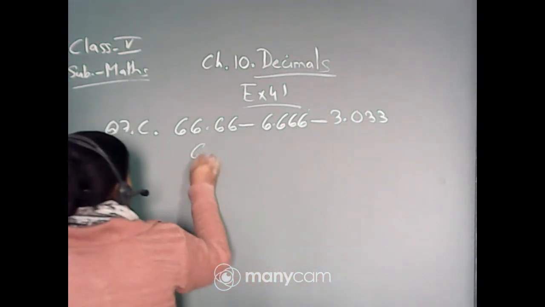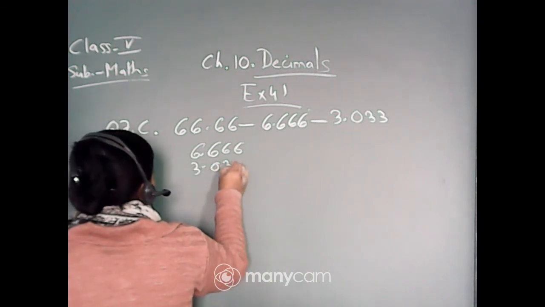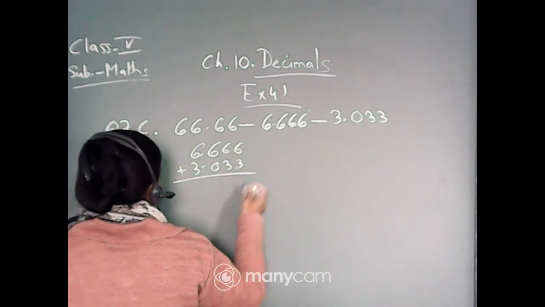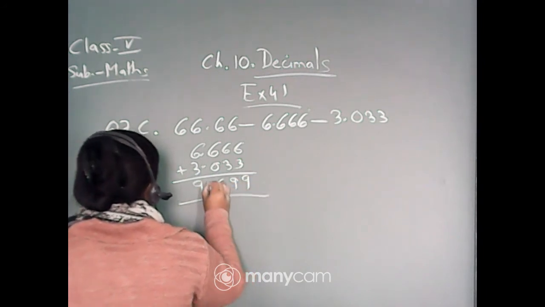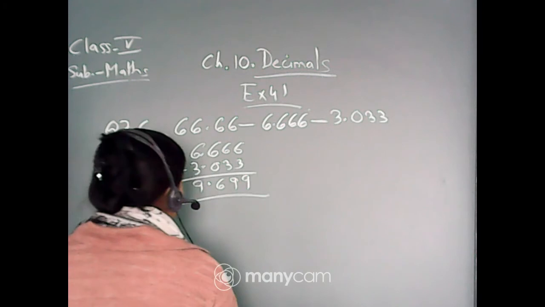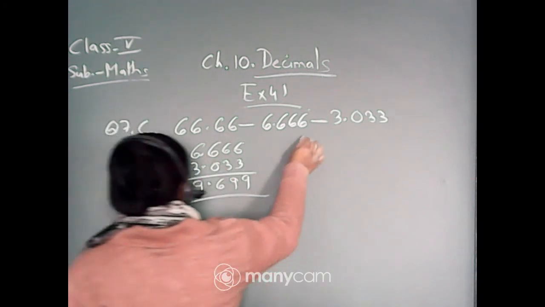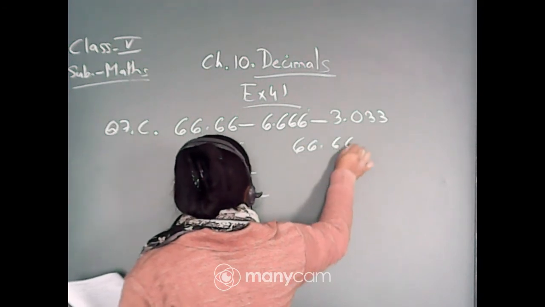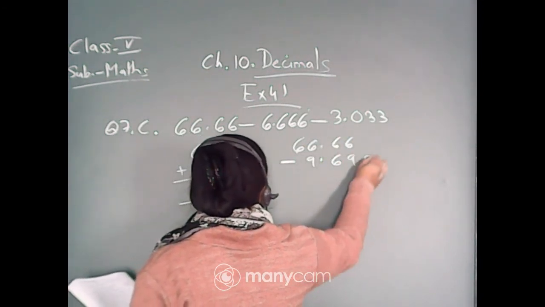That means 6.666 and 3.033. Let us add. This is 9, 9, 6 and 9. 9.699. Now this number you will subtract from the 66.66. So 66.66 minus 9.699.